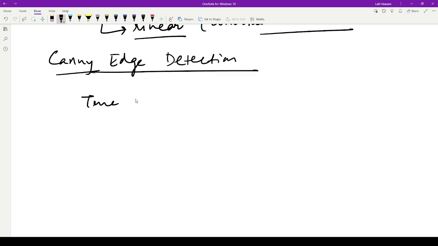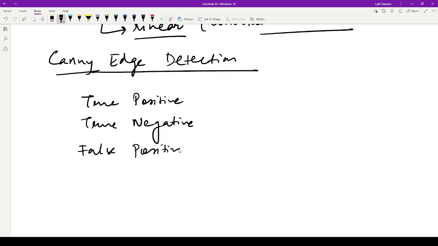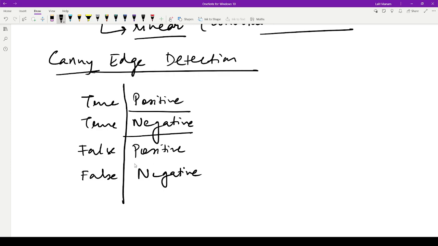True positive, true negative, false positive and false negative. Everyone knows this? No, sir. Okay. So what do you mean by true? So you can easily divide it here, and then of course you have to divide this completely.